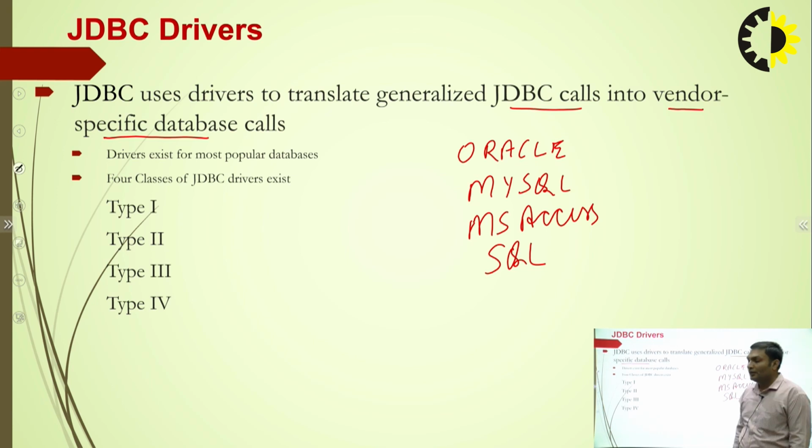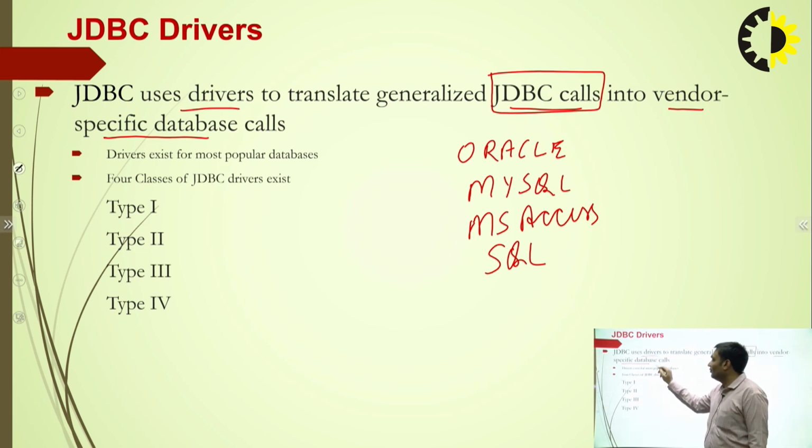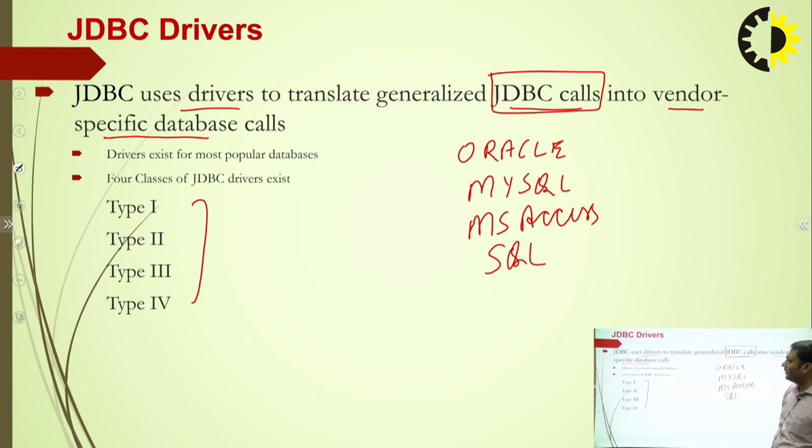So vendor-specific database calls can be connected through JDBC calls by using these four kinds of drivers, named type 1 driver, type 2 driver, type 3 driver, and type 4 driver.